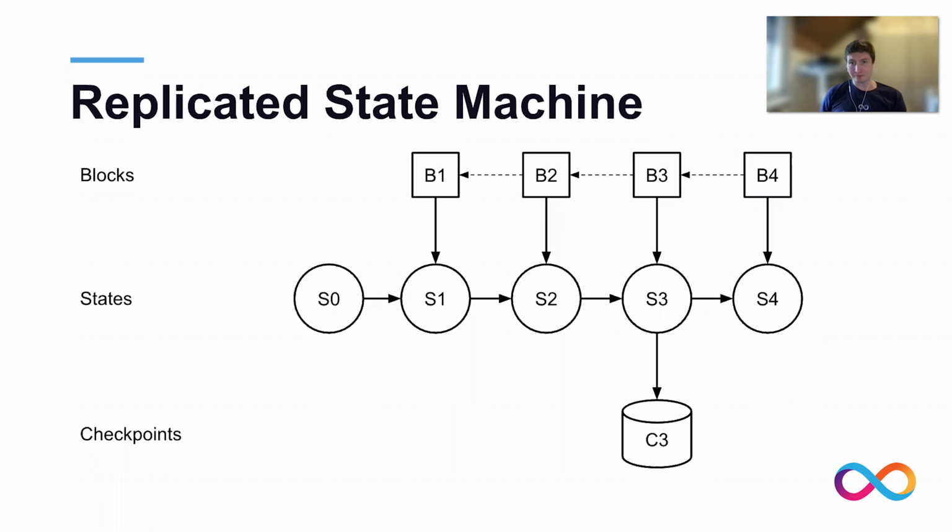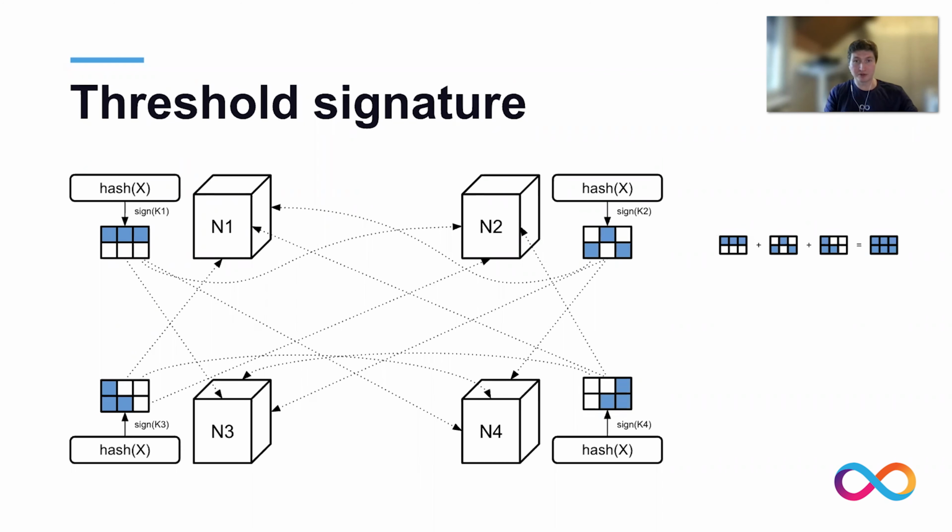If you have a basic understanding of asymmetric encryption, you have a private key and a public key, right? You sign with the private key, and you can verify the signature with the public key. In this model, the private key is split into small pieces and distributed to various nodes. How exactly it happens is not very important for our discussion, but there is a secure protocol to do it.